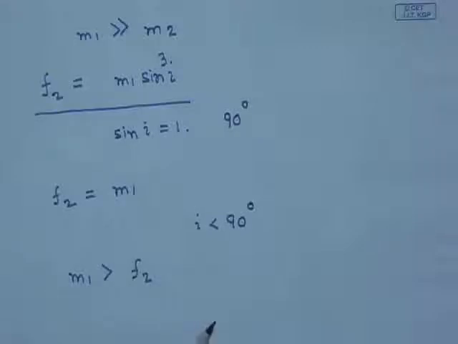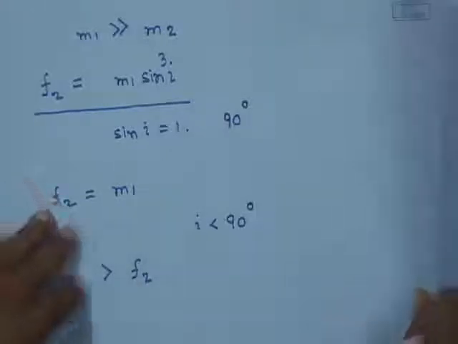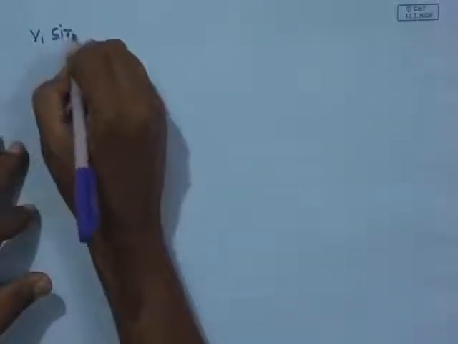Let me now take up an example of such a situation where I know f1 and f2. In the example that I will take up, we have measurements of v1 sin I. That is the only thing that you can measure.